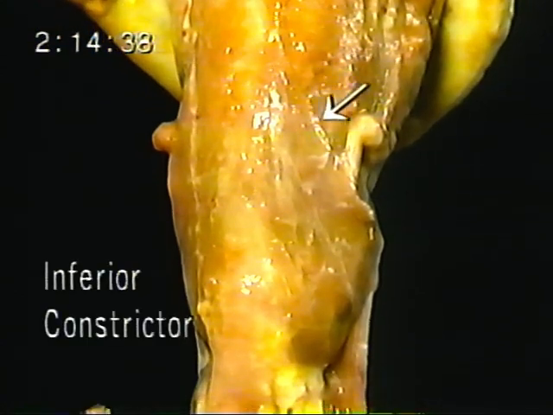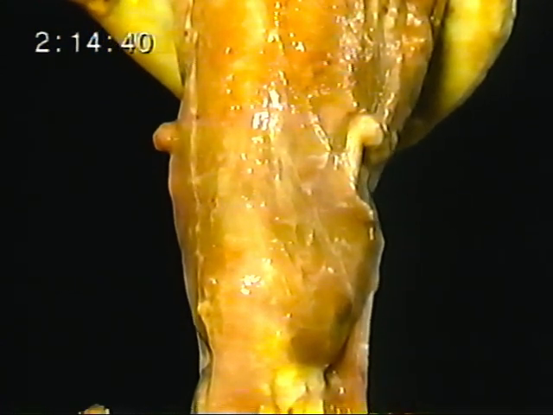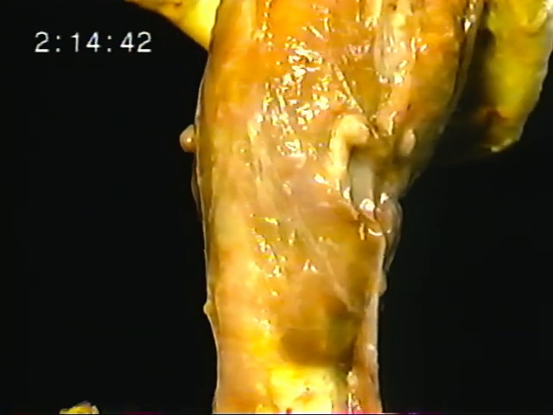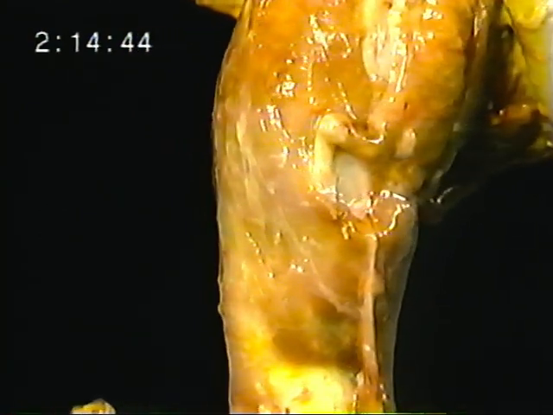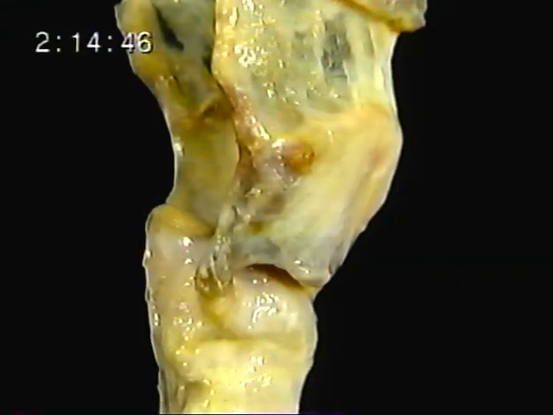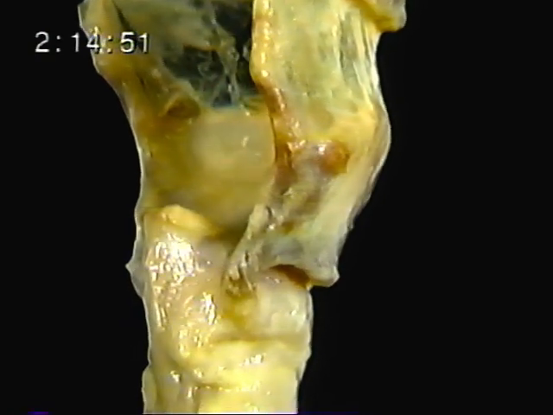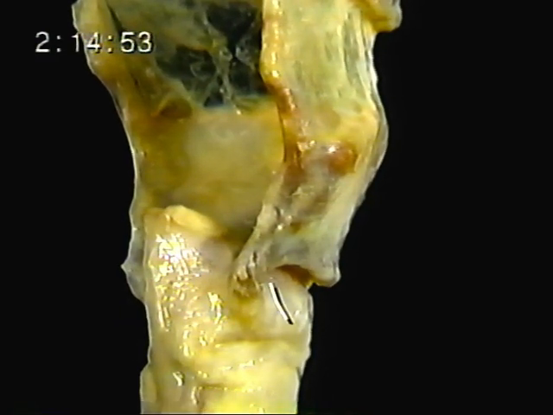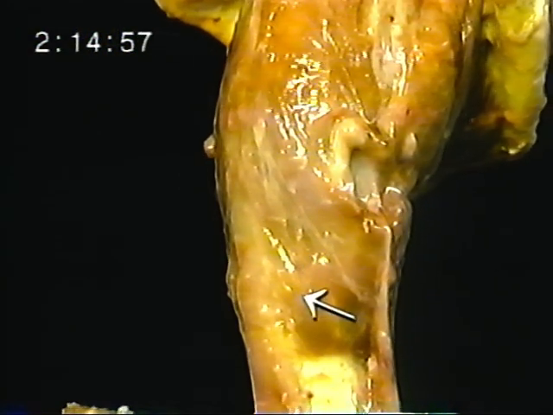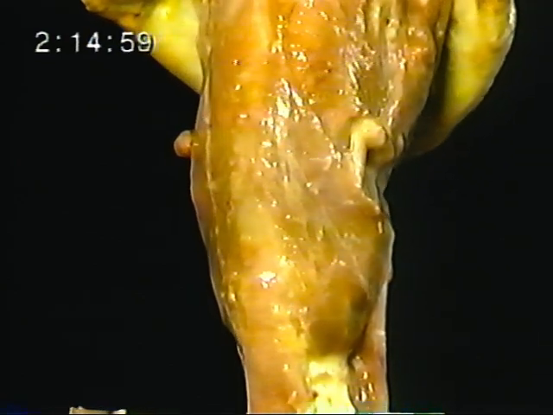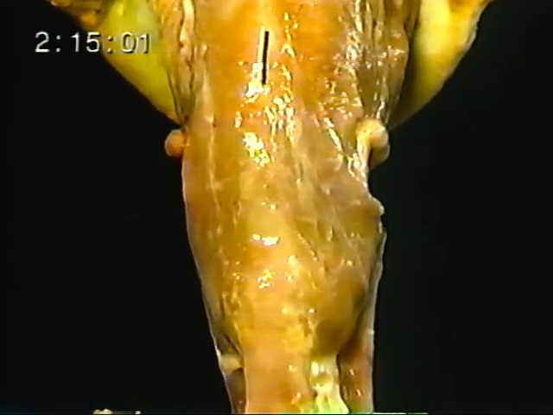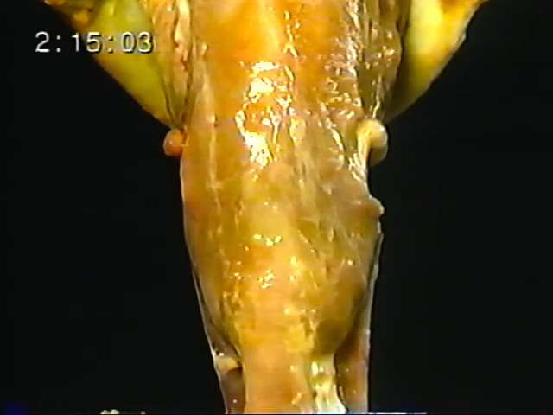Here's the upper border of the inferior constrictor. It's thicker again than the middle constrictor. The inferior constrictor arises from just behind the oblique line on the thyroid cartilage, and also from the side of the cricoid cartilage. Its fibers fan out, meeting with the fibers from the other side, all the way from here down to here.